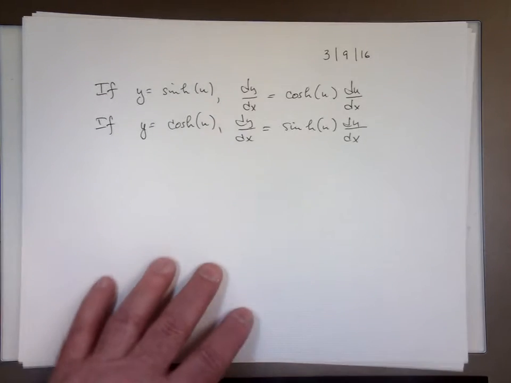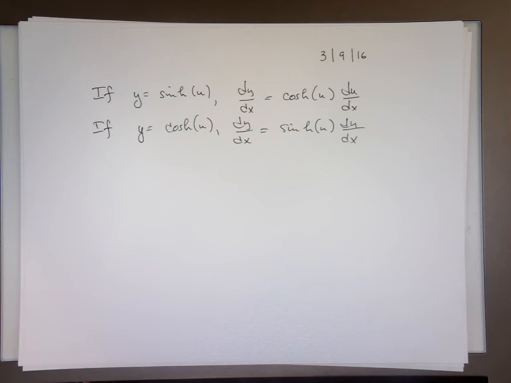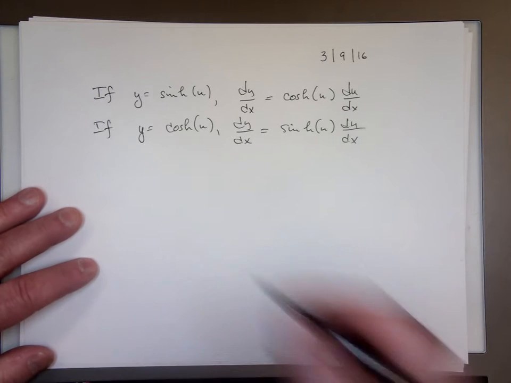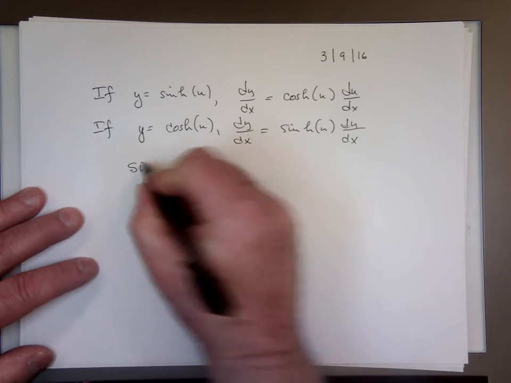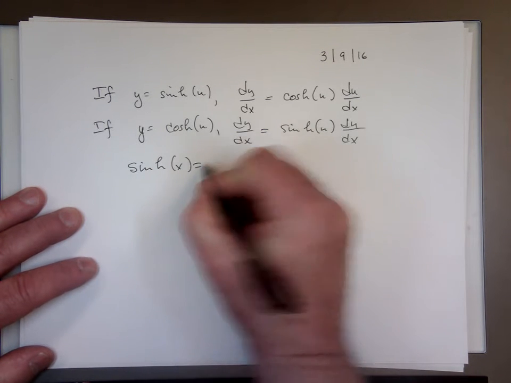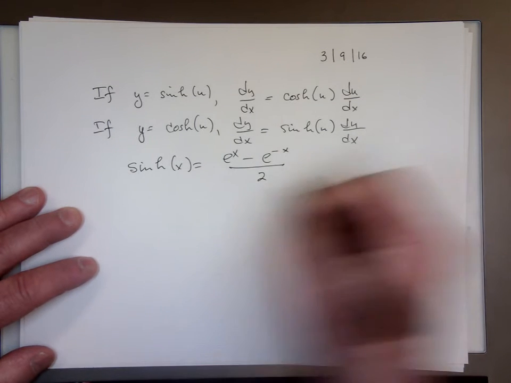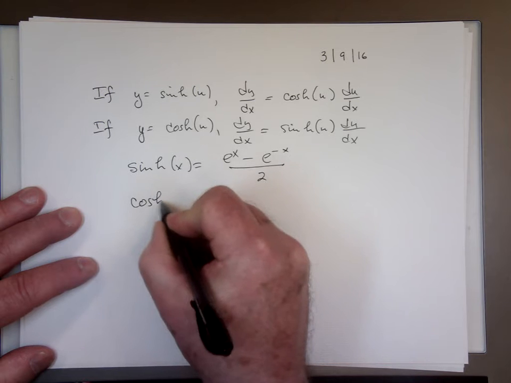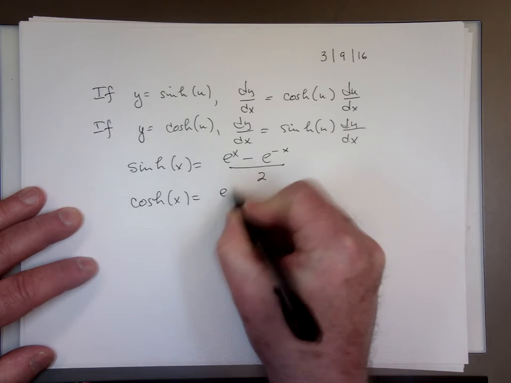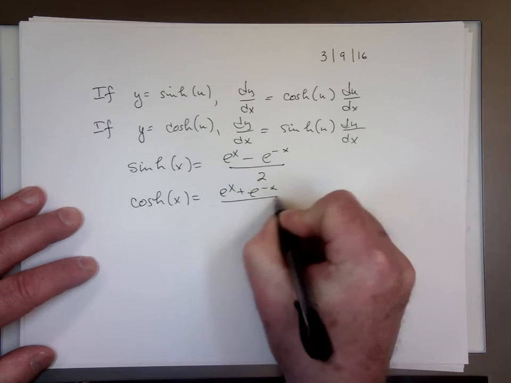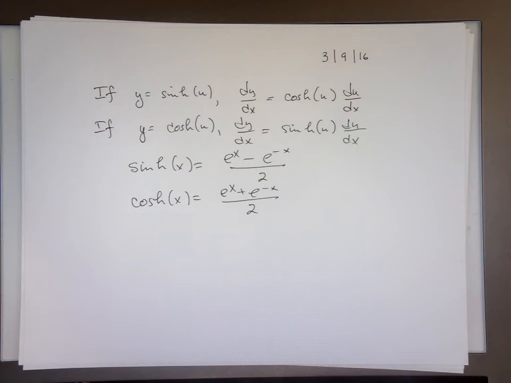What happens here is interesting. You should know the definition of these hyperbolic functions. Hyperbolic sine of x is equal to e to the x minus e to the opposite of x, over 2. And the hyperbolic cosine of x, cosh x, is e to the x plus e to the opposite of x, over 2.